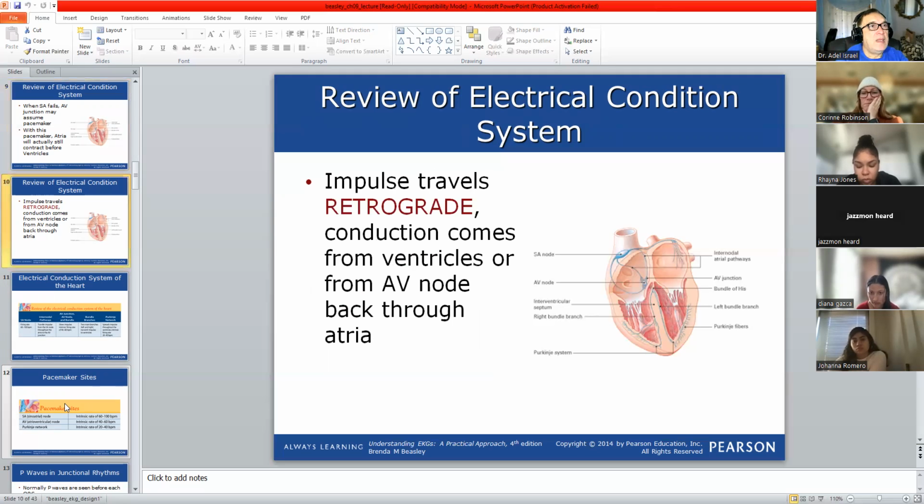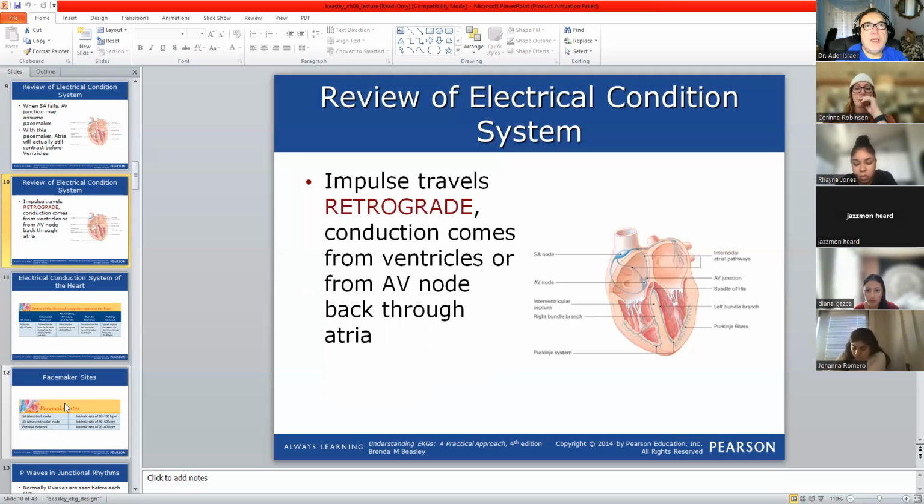After that, we had the keyword, and as I told you yesterday at lab, the keyword is retrograde. What do we mean by retrograde? I simulate it like you are going on a road or a street that is one way, and you move in the opposite direction.